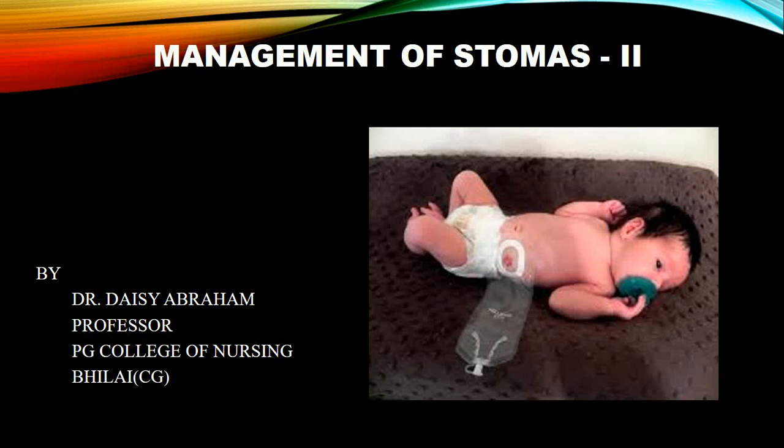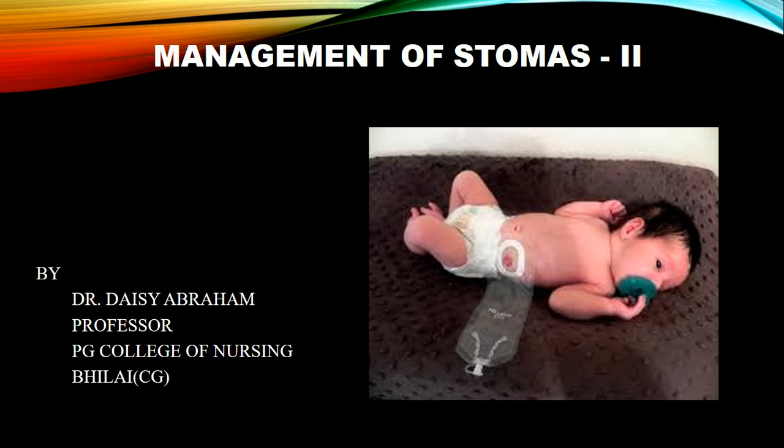So today we are going to learn the second part of management of stomas. Yesterday, in the previous class, we had studied the meaning of what is stoma. We had also classified it according to the anatomical position where the stoma is.